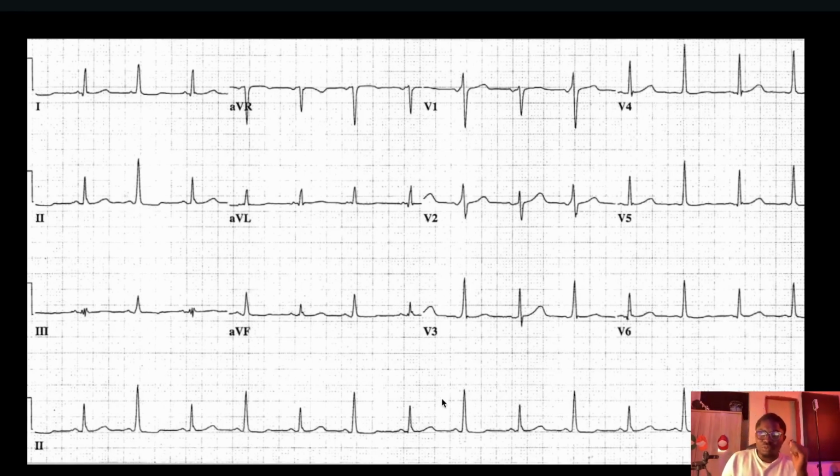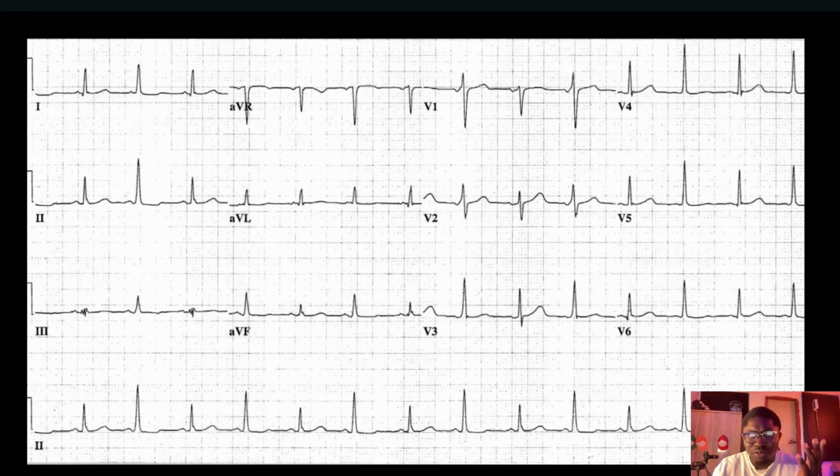The T waves are upright in every lead except AVR. That's normal. So the only relevant finding here is electrical alternans, and this is relevant to make a diagnosis of pericardial effusion.